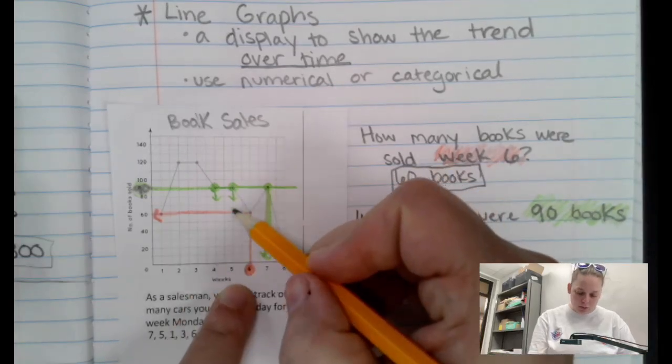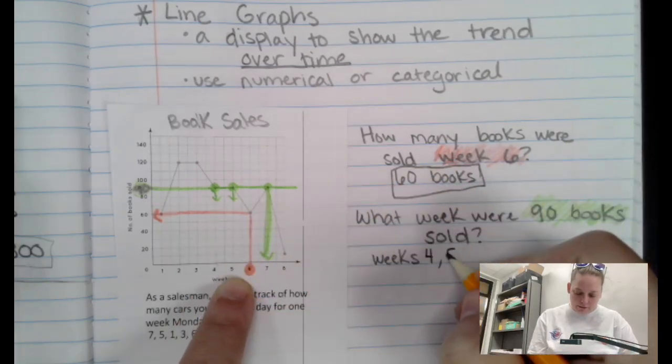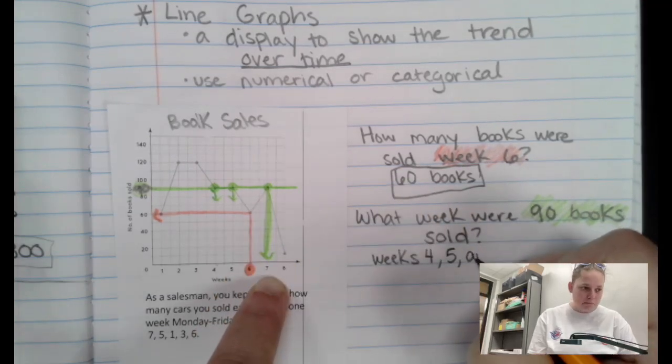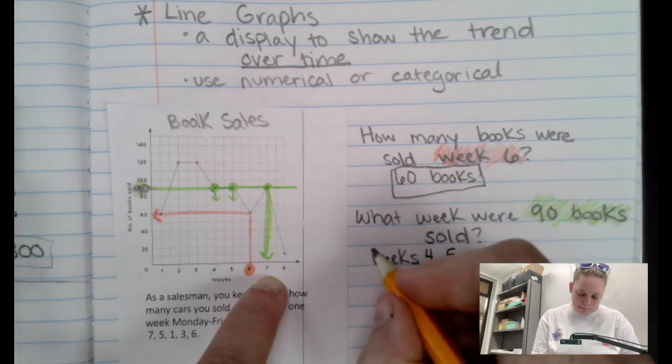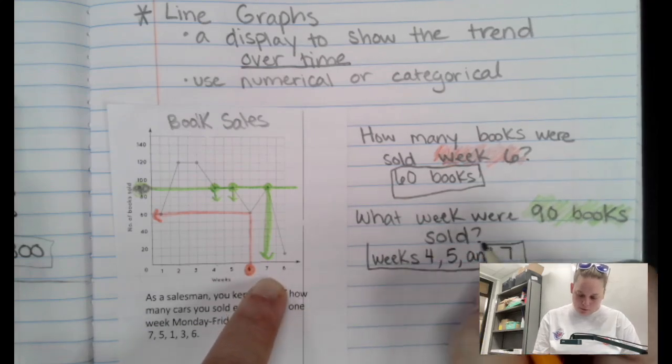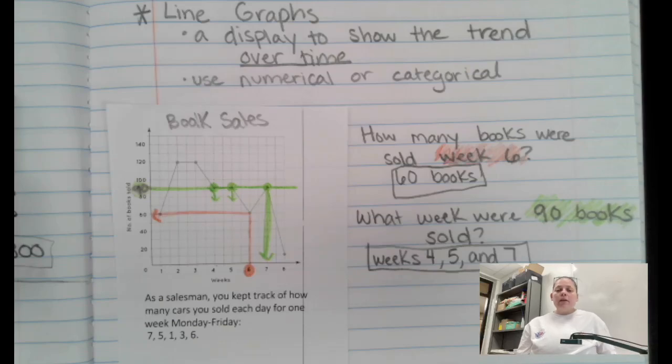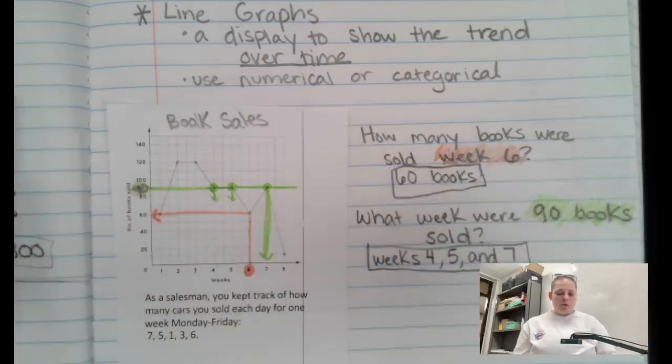Okay, this one is week 5 and week 7. We had 3 weeks where we sold 90 books exactly. Now, if the question might have been more than 90 books, we would go above that. If it was less than 90 books, we would go below that.